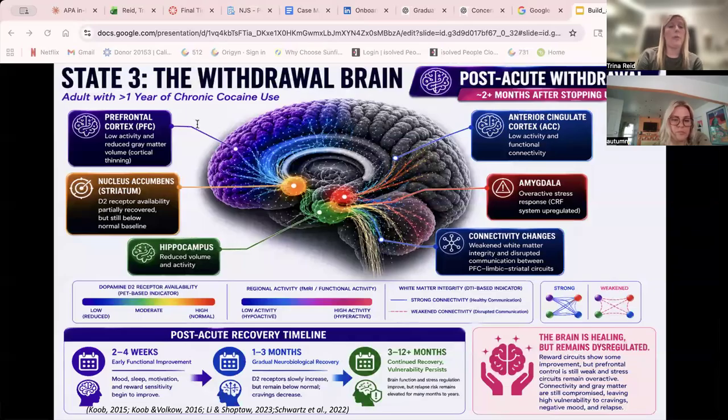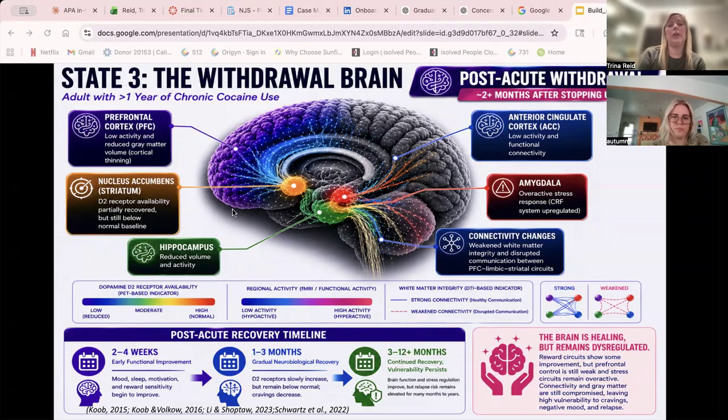Okay, so the withdrawal brain. The brain shows partial recovery but remains significantly dysregulated. Dopamine D2 receptors begin to increase, but levels are still below baseline, resulting in a continued blunted reward system and reduced sensitivity to natural reinforcement. The prefrontal cortex and anterior cingulate cortex remain underactive, contributing to ongoing difficulties with impulse control, decision making, and emotional regulation.